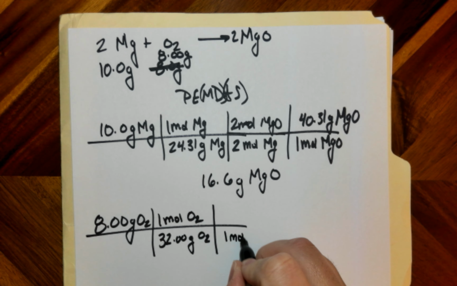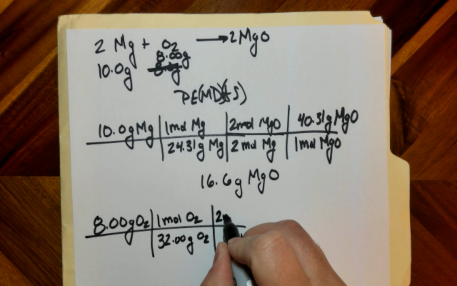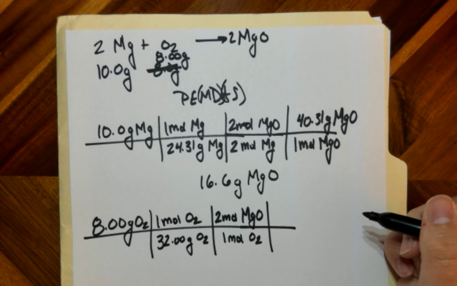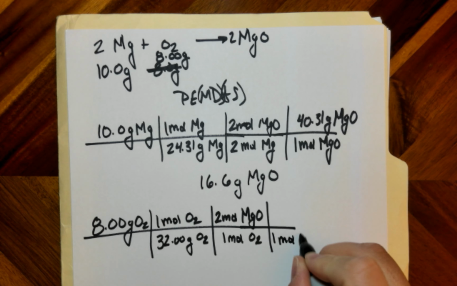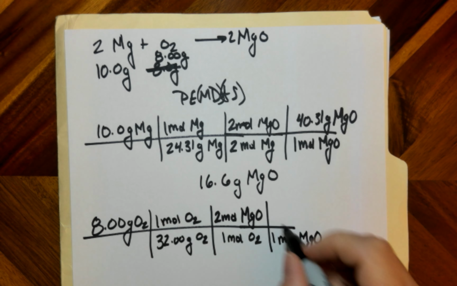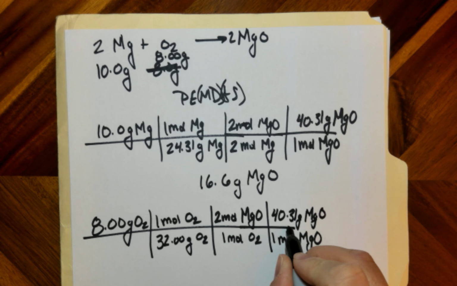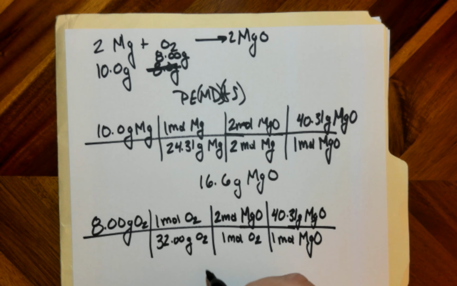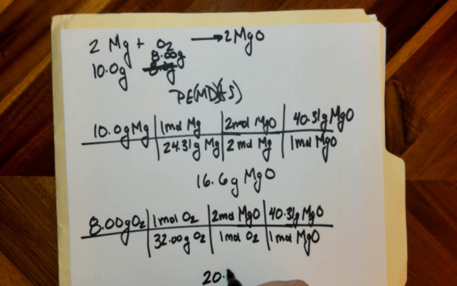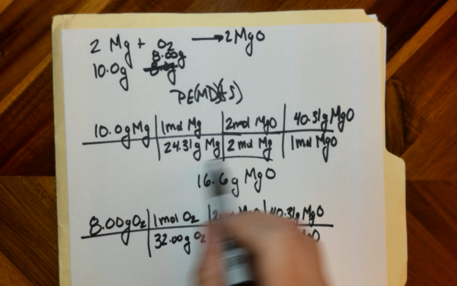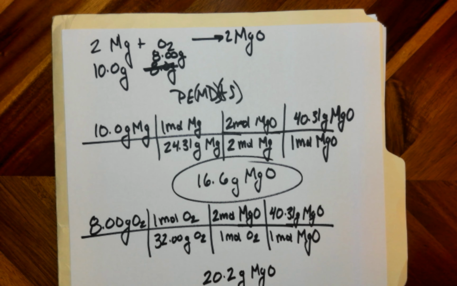And then for every 1 mole of magnesium oxide, we have 40.31 grams of magnesium oxide. When we do this in our calculator, we should get 20.2 grams of magnesium oxide. So the magnesium is my limiting reagent, and that means that 16.6 grams is my theoretical yield.